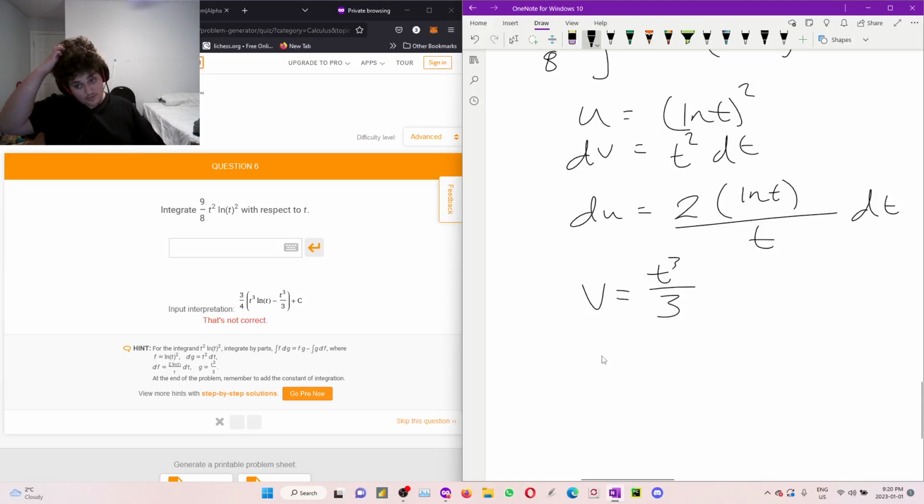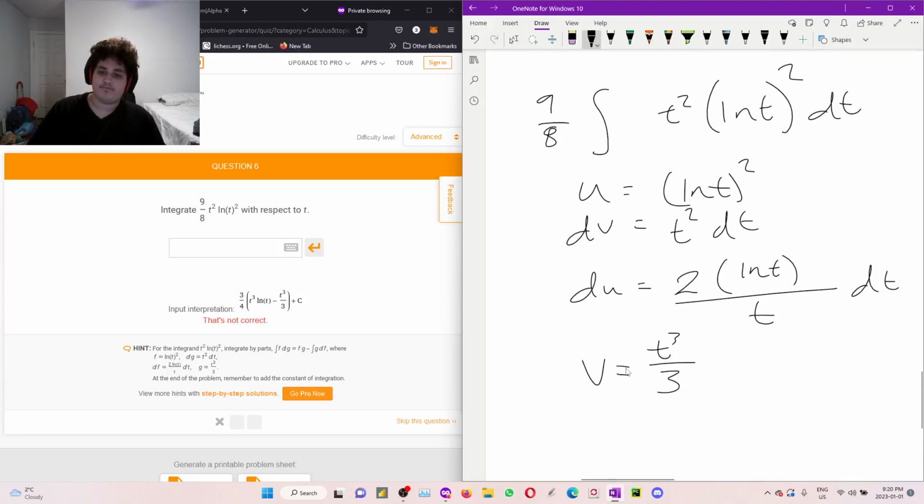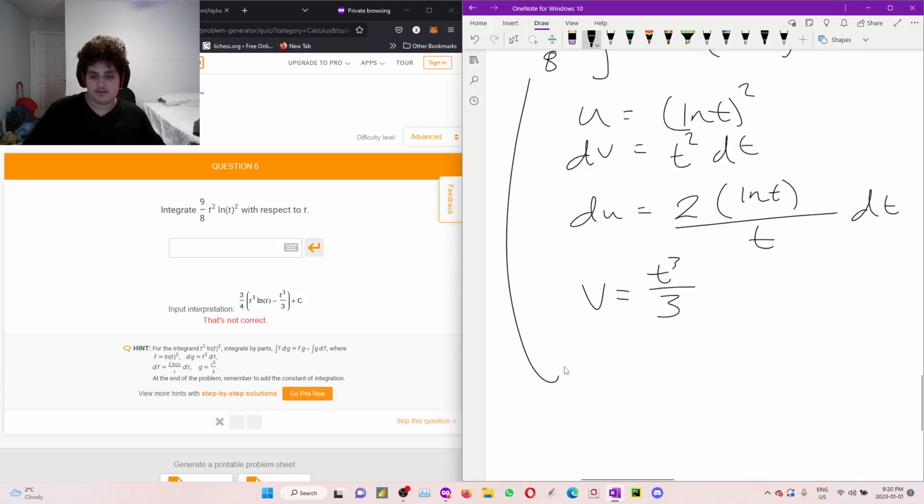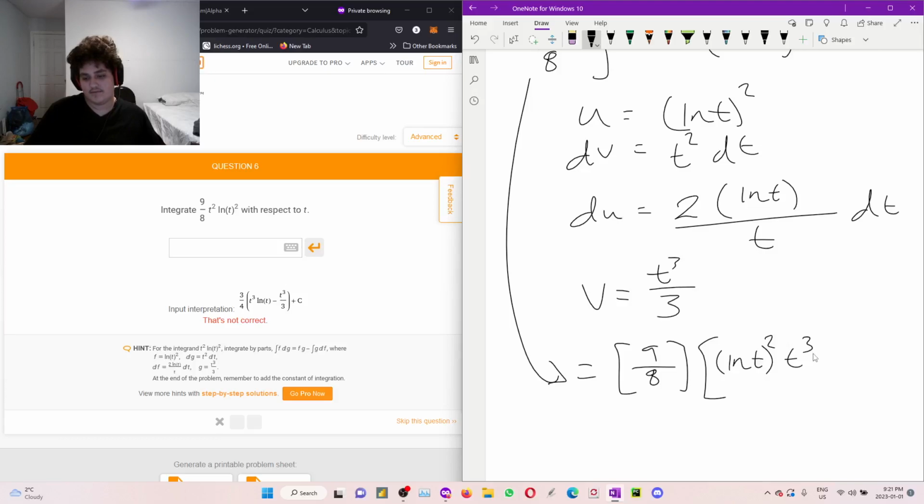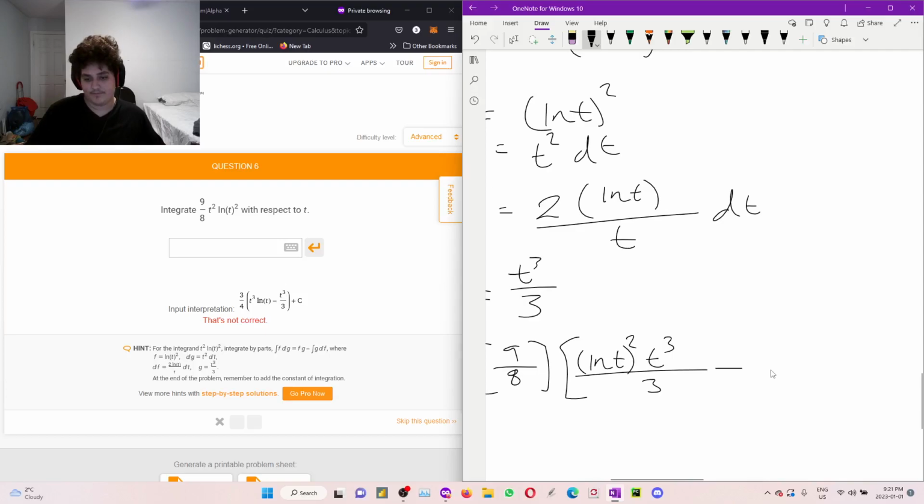So from here we have that this is equal to 9 over 8 times uv, so ln t squared times t cubed by 3, minus the integral of v du, which is just going to be t cubed over 3 times this, which is 2 ln t over t.